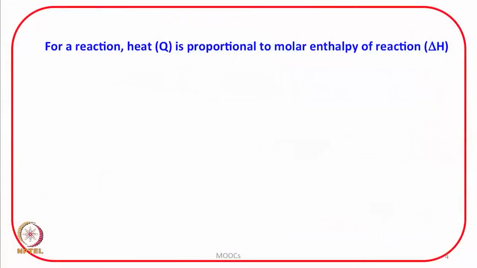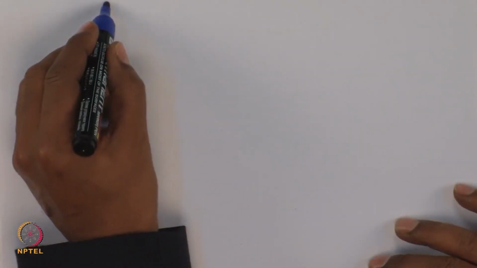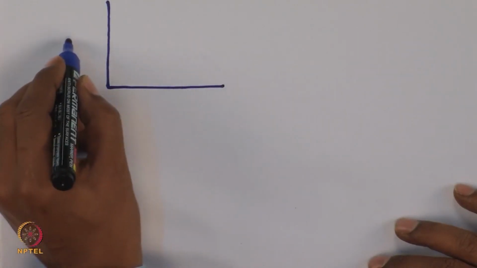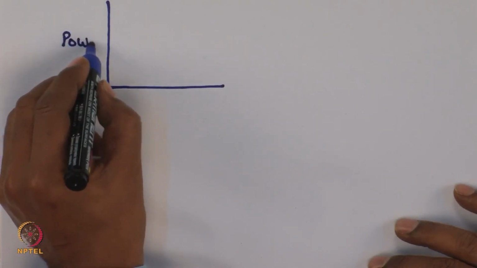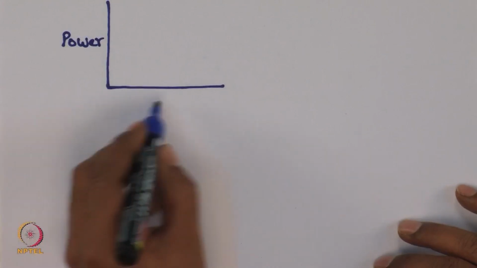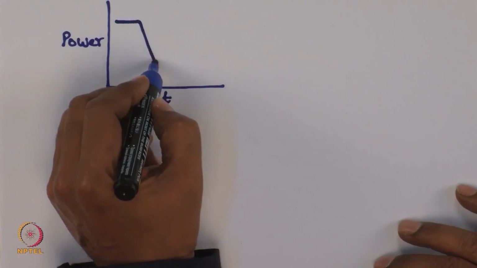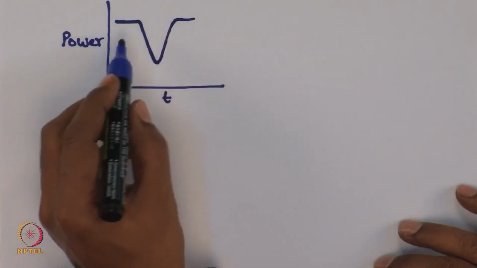Now, let us derive some equations. Suppose that in a reaction the heat produced is Q. Let us do some derivations. In an ITC, I will just draw one injection peak, it is power, microcalorie per second or microjoules per second, versus time, initial baseline, and then there is an injection and the peak.